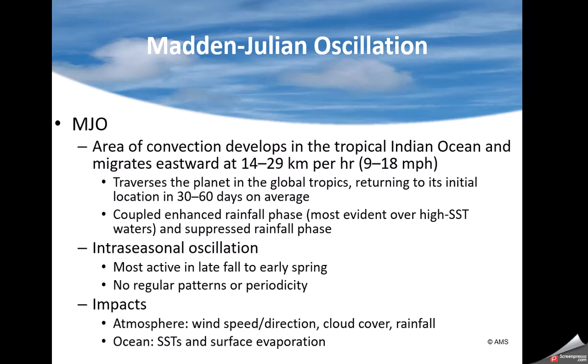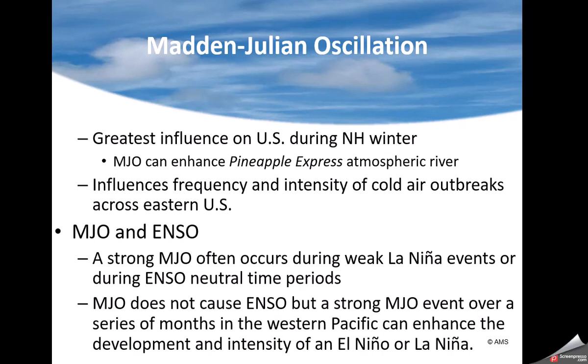You can actually watch this circulation transfer around the globe and restart over again. And when it does that, it may impact and actually help generate tropical cyclones. It may intensify extratropical lows over the United States. And it may help and enhance precipitation from atmospheric rivers coming into the western U.S., depending on which phase it's in. So it has a major impact on global weather.